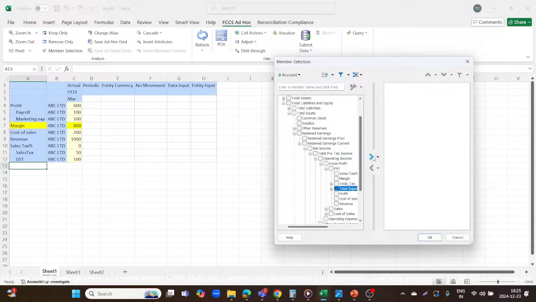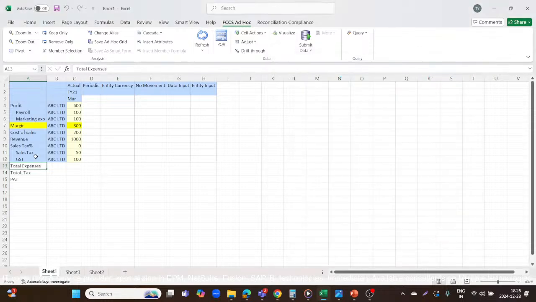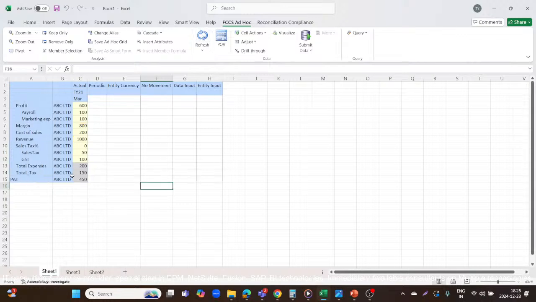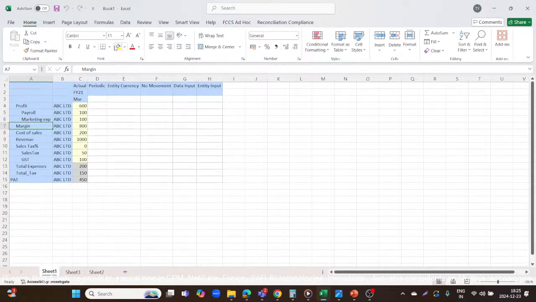You need total expenses, you also need total tax, and you need PAT, these three accounts. Okay, so we have seen how margin is being calculated. After that, we were seeing total expenses, the sum total of payroll and marketing, which is nothing but 200. It should come to 200, which is correct.